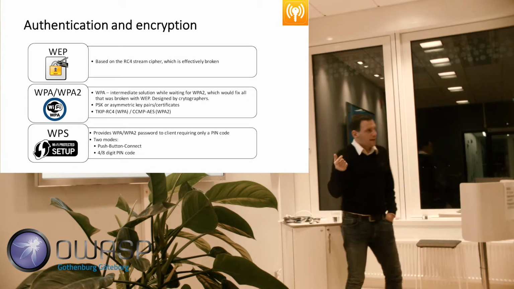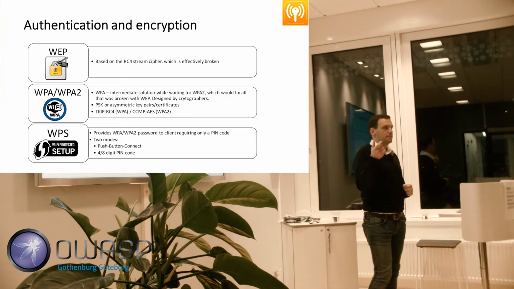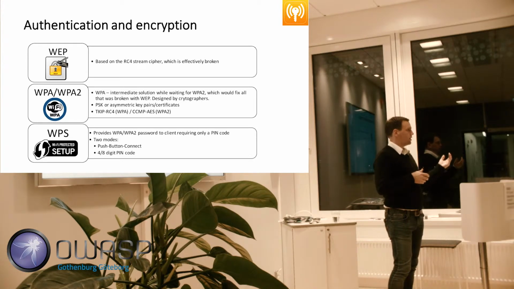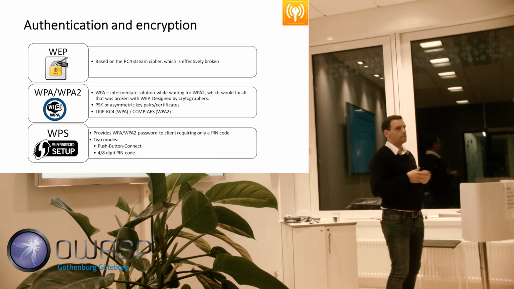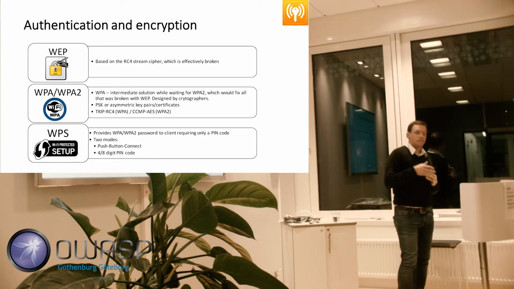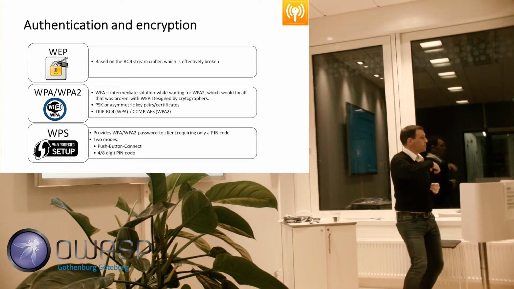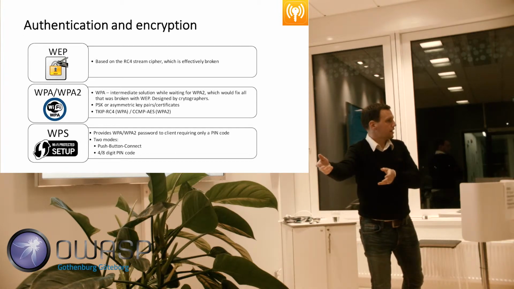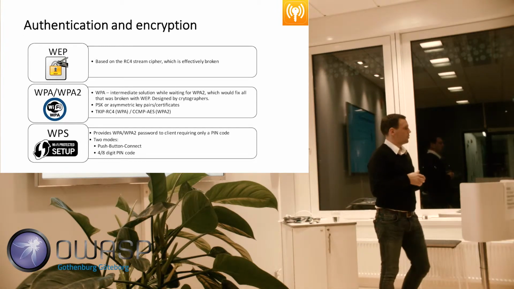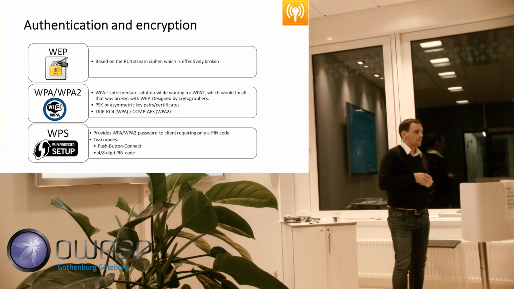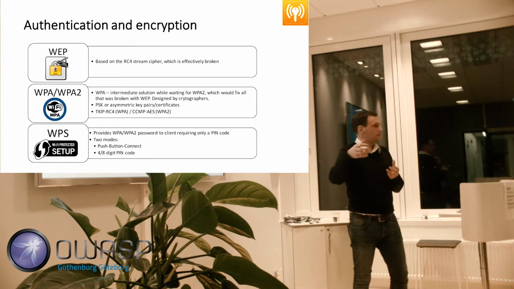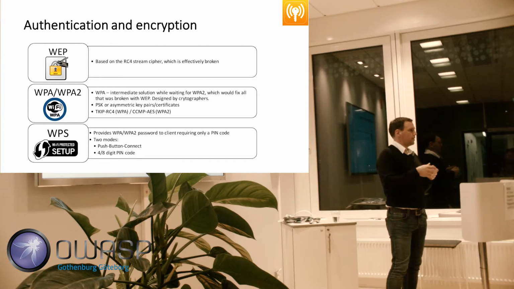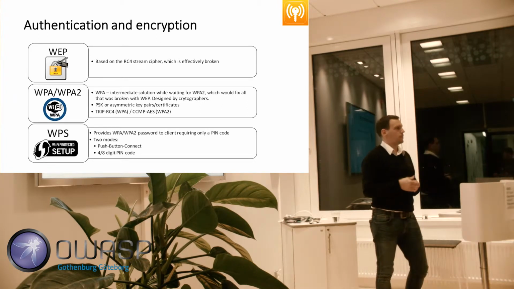And during setup, or during the authentication phase, to prove that the client had the pre-shared key of the access point, there was a challenge response procedure. So the access point would send a nonce, a clear text nonce, to the client, which it would encrypt with the key, or actually the first bytes of the key stream created by an initialization vector and the password.